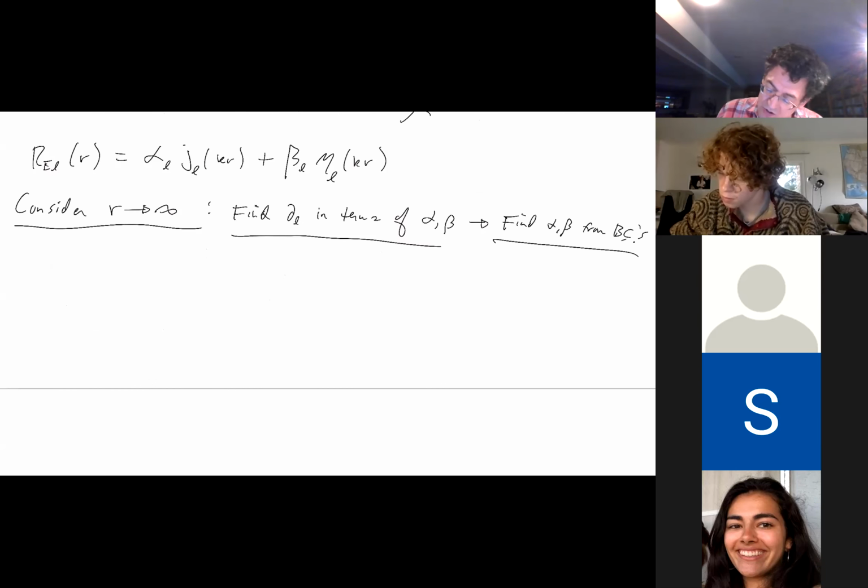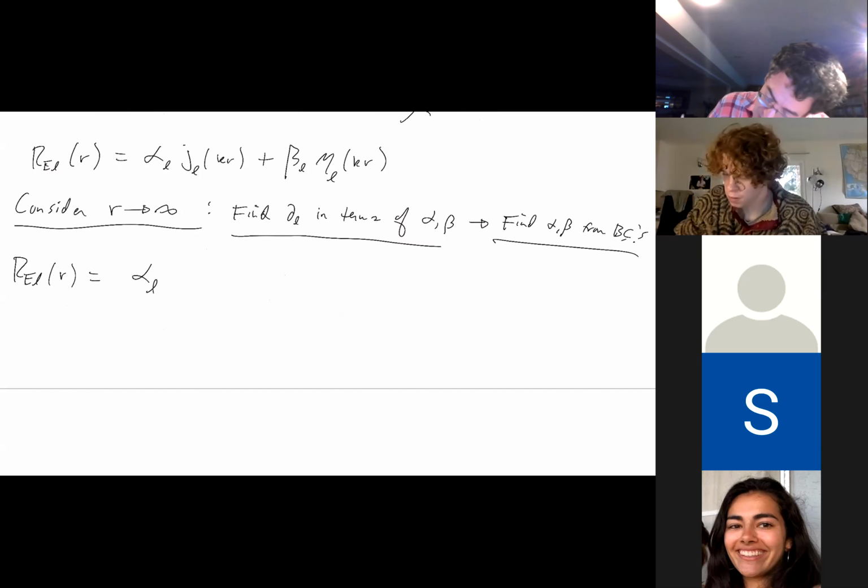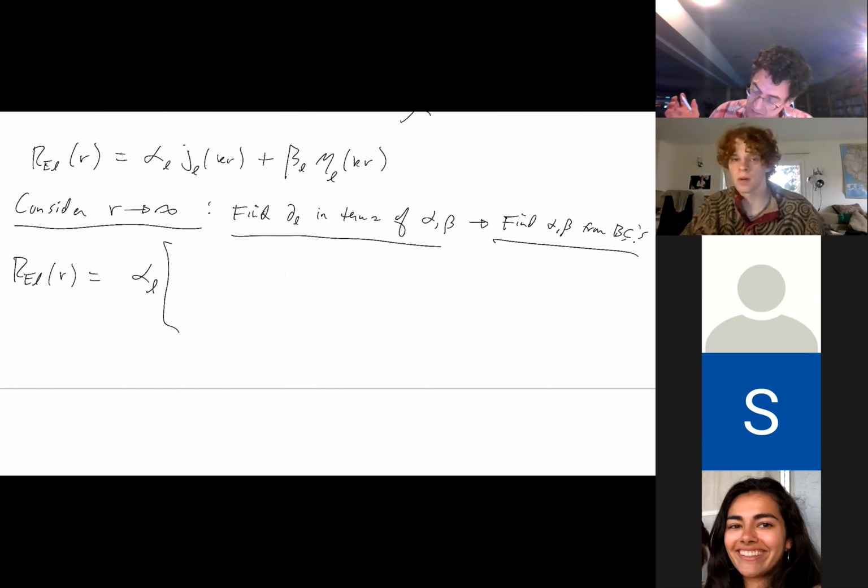So to do that, when we go to R to infinity, we see that the Bessel function is equal to, does anybody remember what the Bessel function looks like when R goes to infinity?